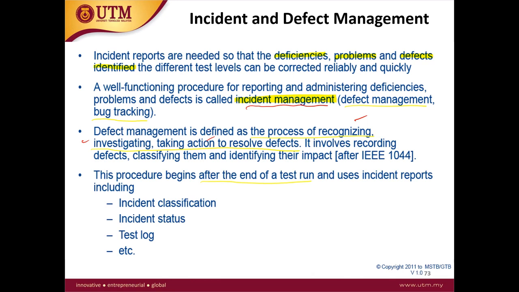The procedure begins after the end of a test run and then uses the incident reports, including the incident classification, incident status, test log, etc. In certain projects, we have what we call a defect triage. That decides on the incident classification, whether the bug is severe, highly severe, or medium or low severity.